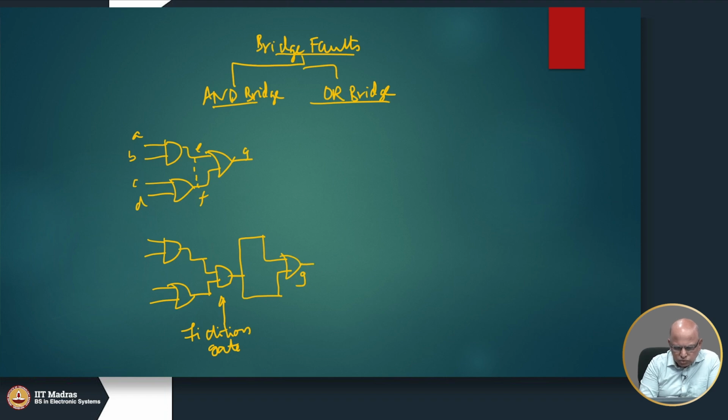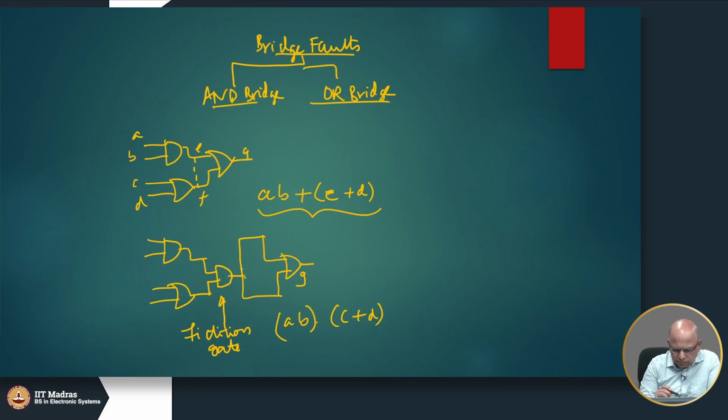So, this is the way the circuit behaves now. Okay. So, the original circuit was supposed to do A B plus C plus D. This is what the original circuit was supposed to do, but the new circuit will do A B dot C plus D. Okay.